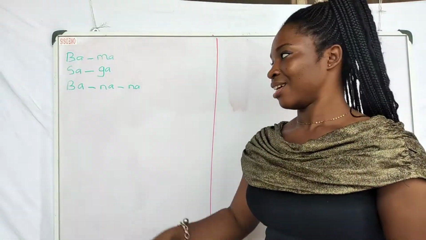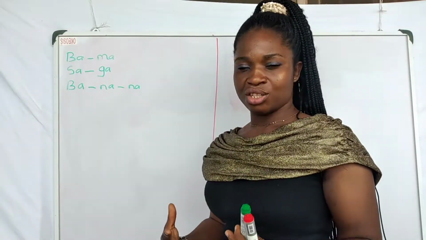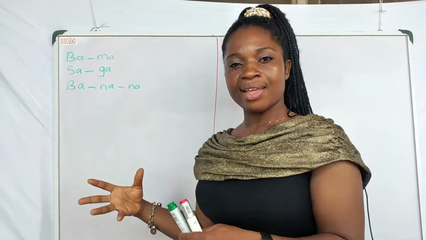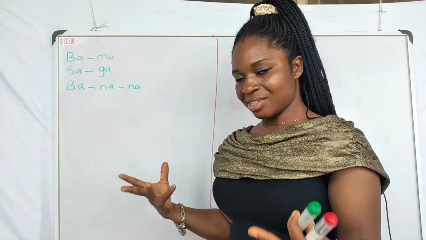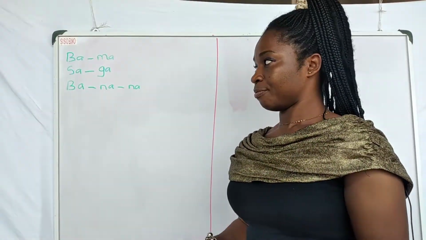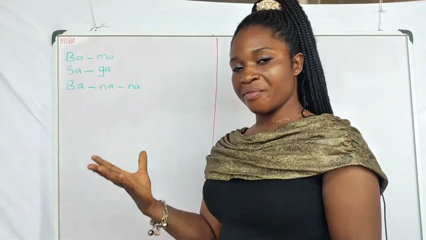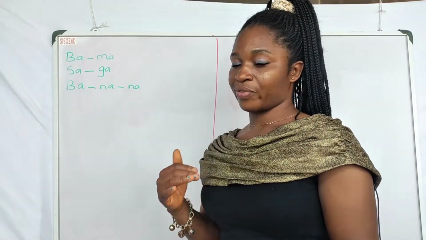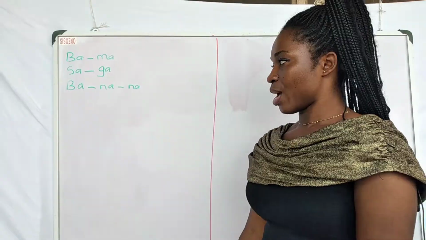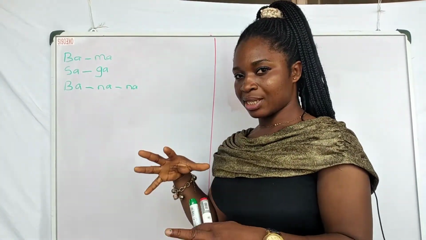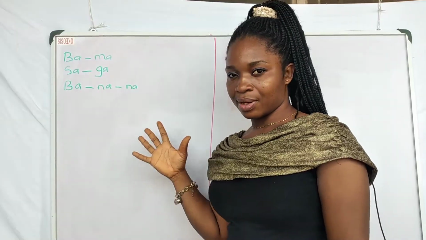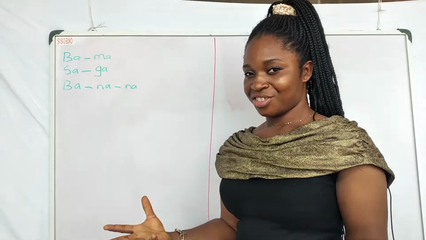Like I said, this N is pronounced in 2 forms, the N and the ni sound, okay? Just get it right. It's very important. You need to go back to our previous classes if you're just joining us for the first time. So let's proceed. We have banana, put together. I don't know if you're getting the gist right now.